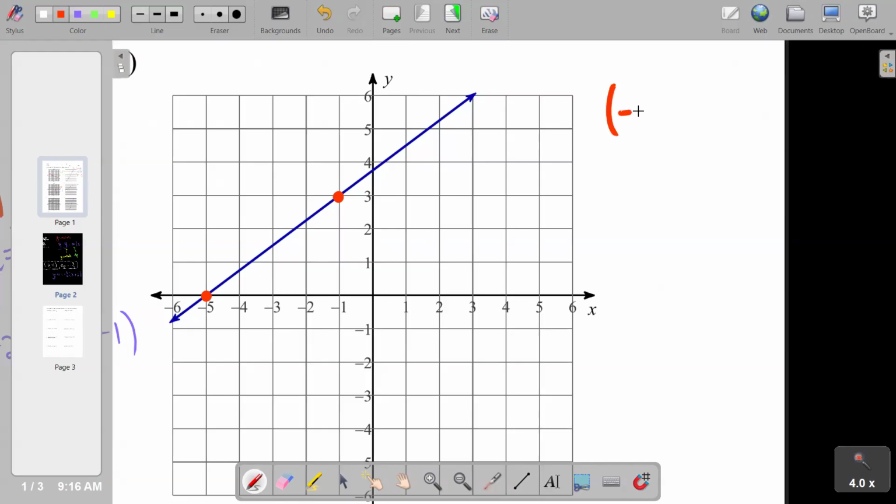So our point that we're going to commit to is -5, 0. And what is our slope? 3/4. Perfect answer. Goes uphill at a rate of 3 to 4. Up 3, right 4. And that's what I need. If I can write those things down, then I can write an equation of a line.